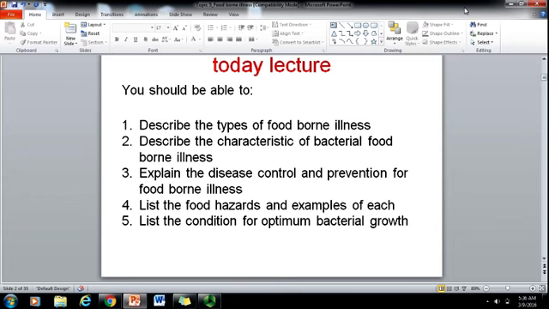And also in this lecture we will explain the types of food hazard, an example of which, and we might want to know how we can prevent the bacterial growth by knowing the optimum conditions for these bacteria to grow on the food.